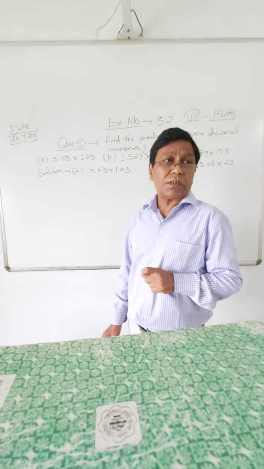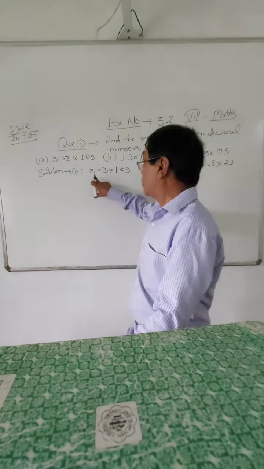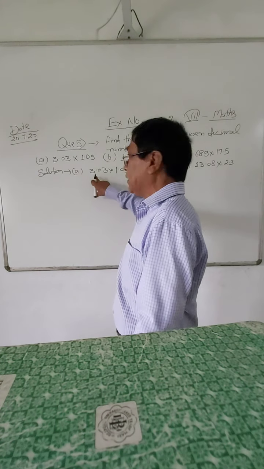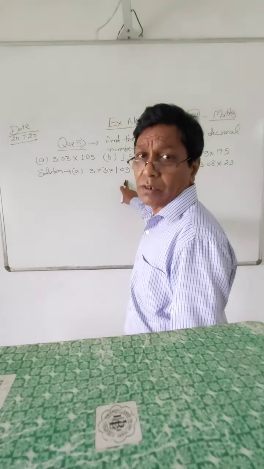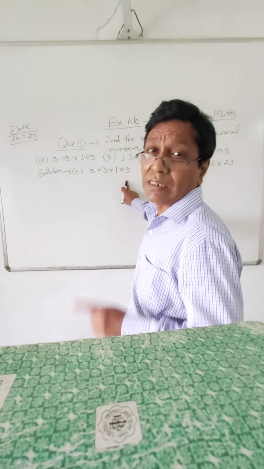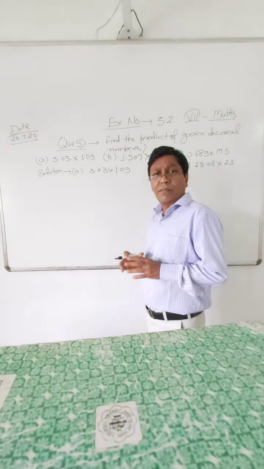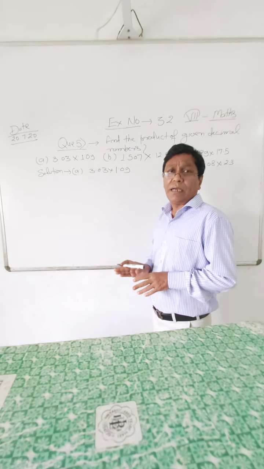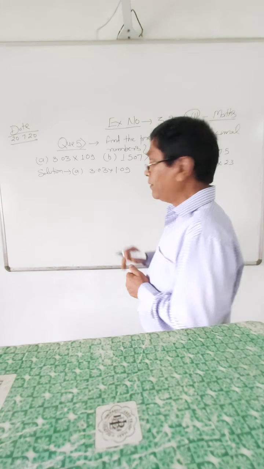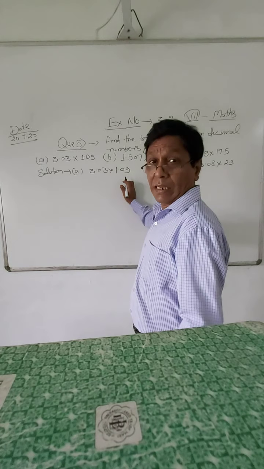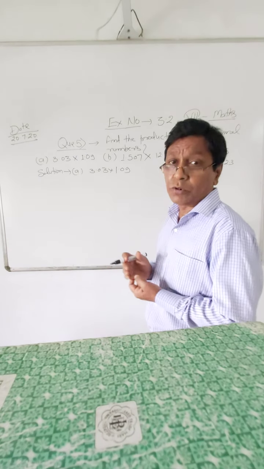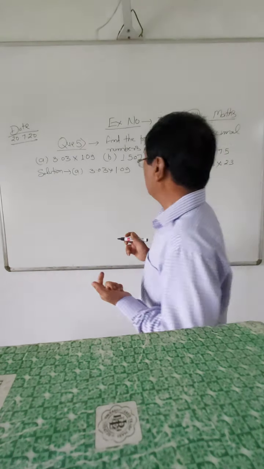Whenever you are going to multiply decimal numbers, first don't consider the decimal. Without considering the decimal, multiply them in the ordinary way as you were doing earlier, and after that where to put the decimal, I will tell you later on.